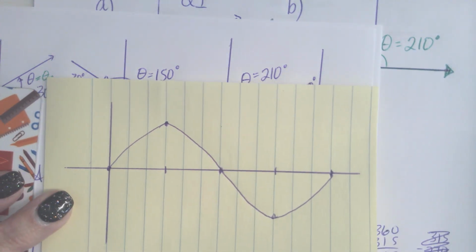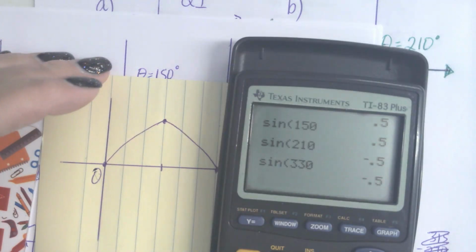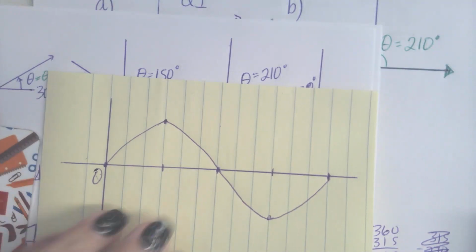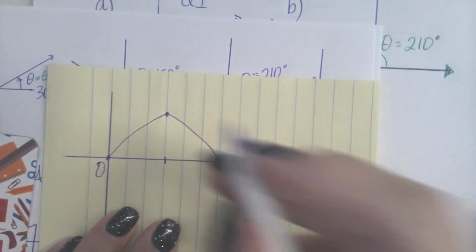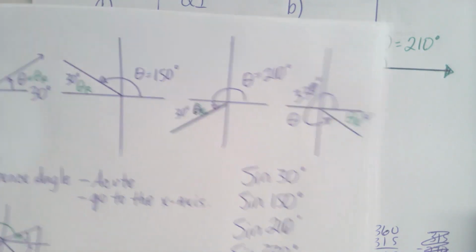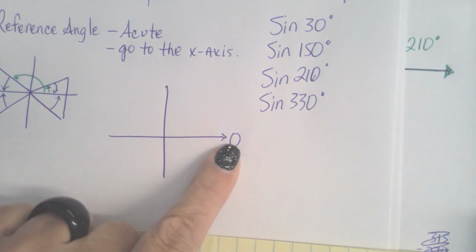So at 0, put sine 0 in your calculator. What do you got? 0. So sine 0 would be right here on an x and y axis. It would be a 0.